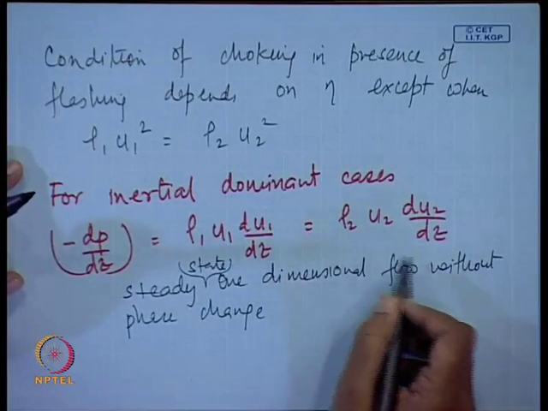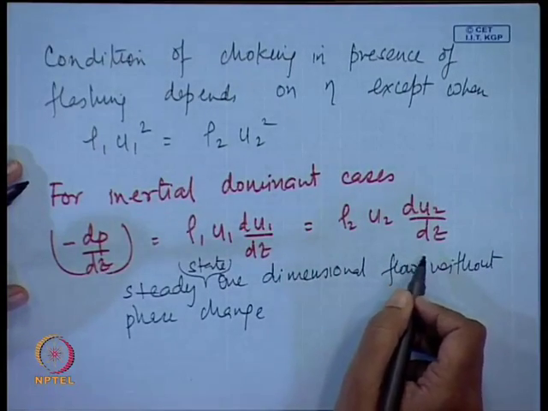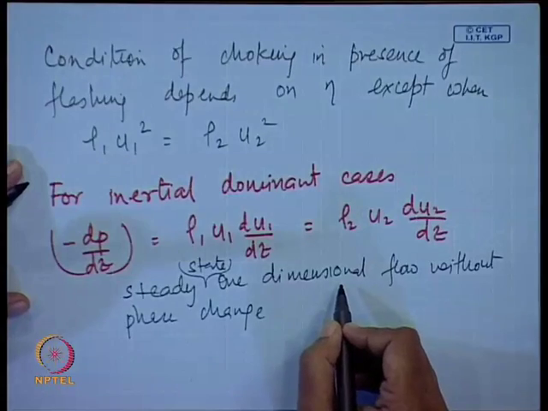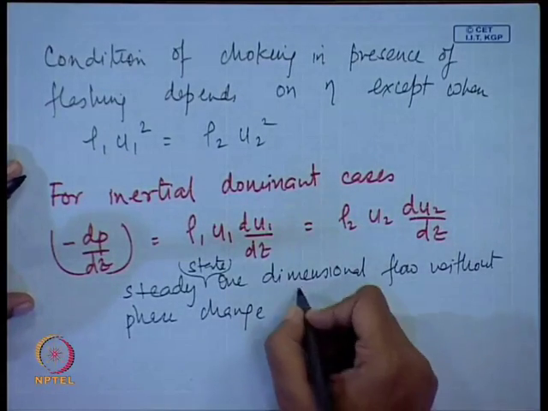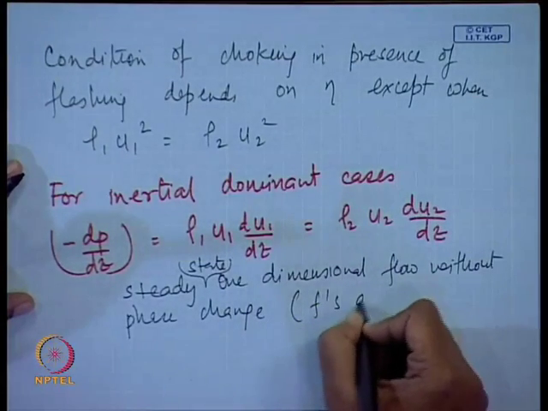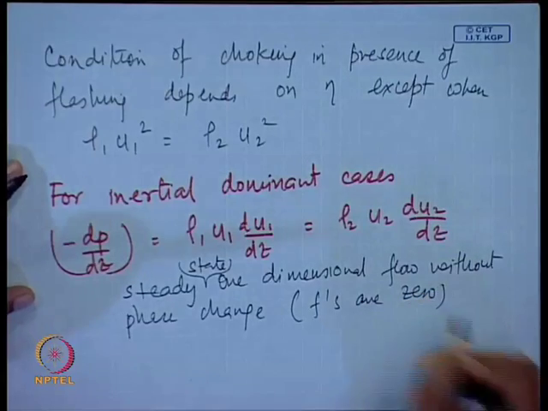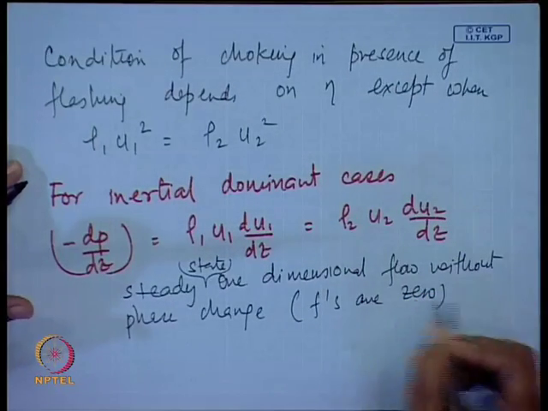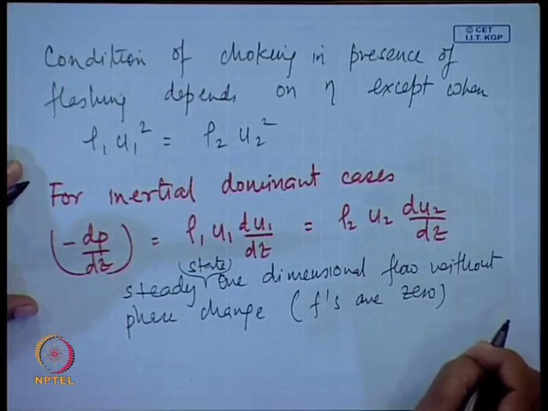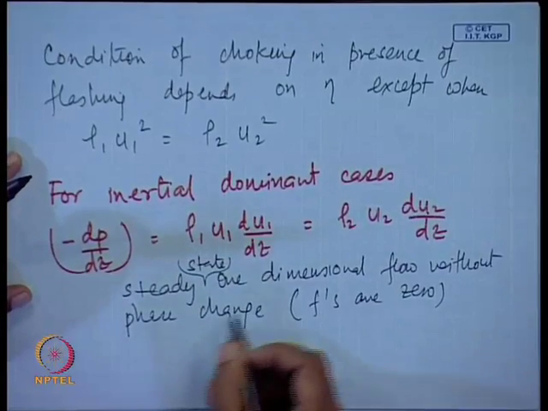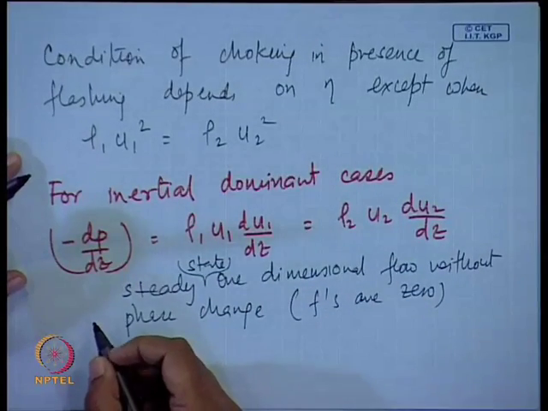So, this equation has been written under the conditions of steady state one dimensional flow without phase change, such that the f's are 0. The g containing terms are also equal to 0, agreed. Therefore, we have obtained this particular equation.